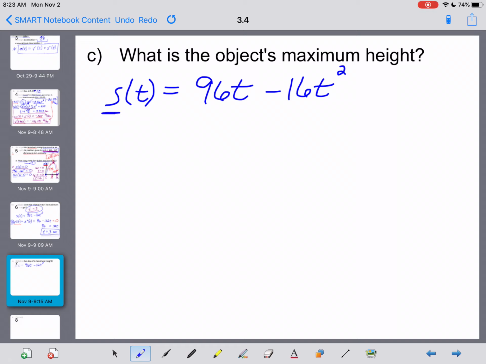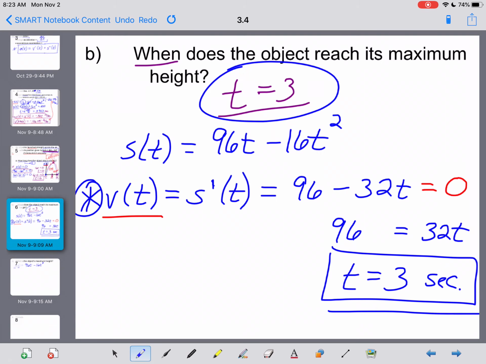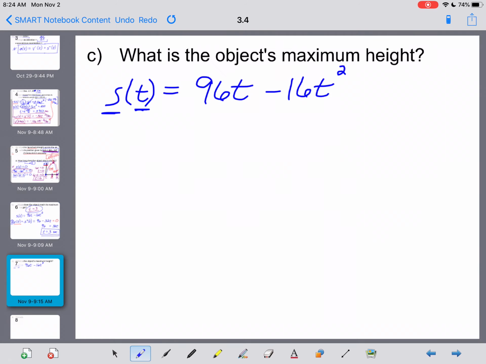If we want to know a value of s, we need to put a value of t inside there. Well, this is directly in reference to what we just found in B. We found that the object reaches its maximum height at t equals 3. So now we're simply going to evaluate the height or the position function with a t value of 3.